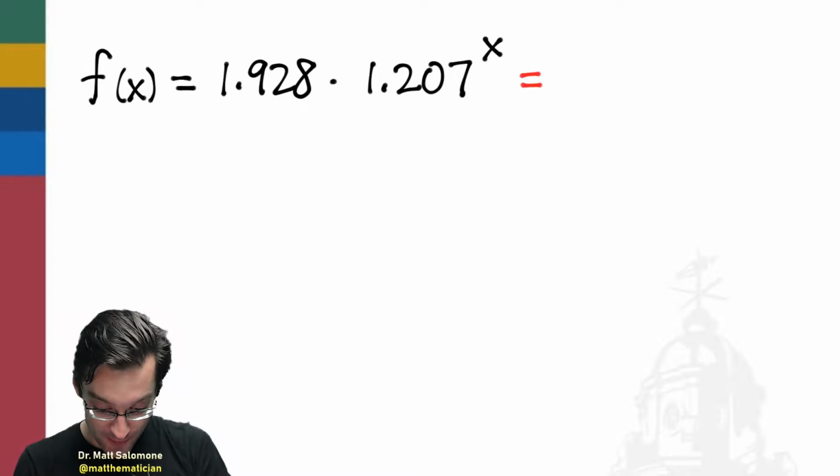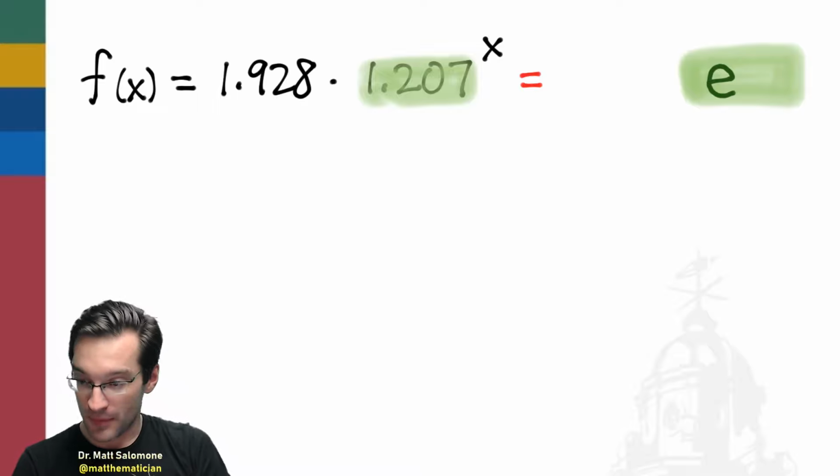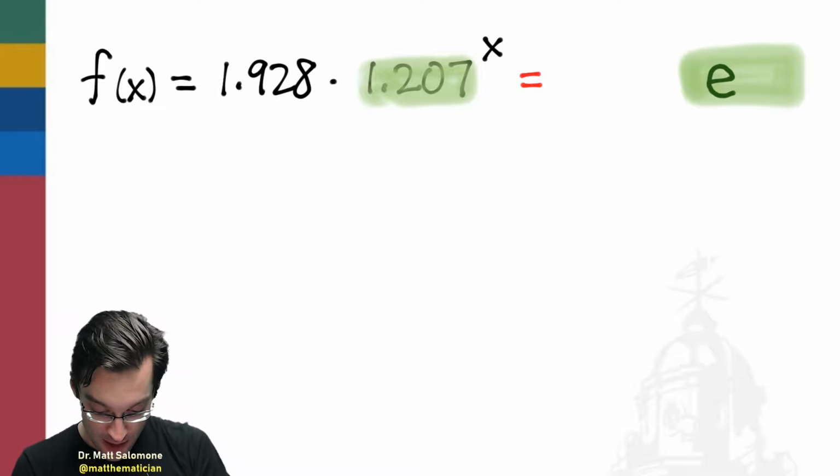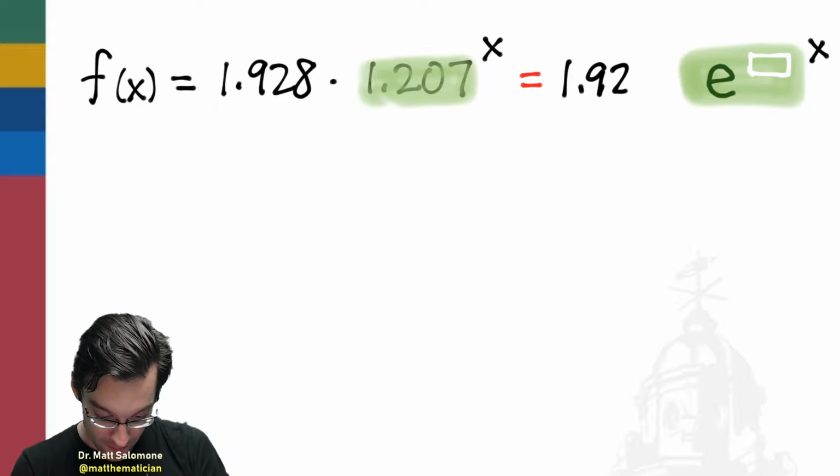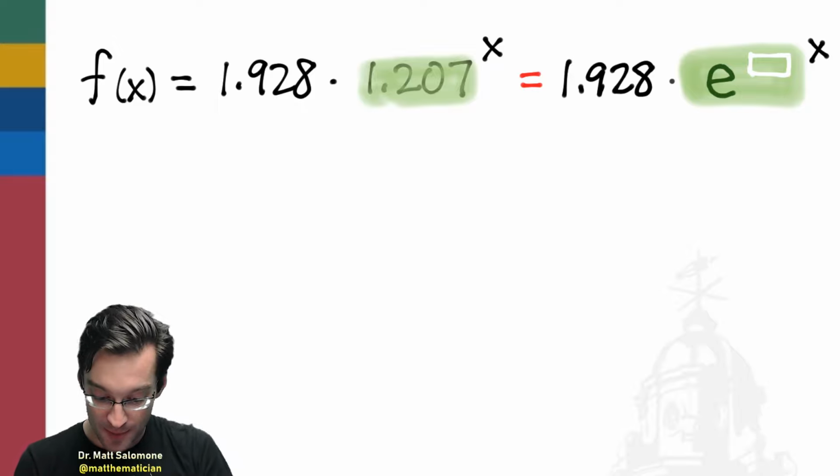So we're going to do the same little trick that we did before, where I want to know: 1.207 is equal to the magical natural number e raised to what power? And then we're going to have x as the exponent right here, and then I'm going to have 1.928 as the intercept sitting out in front.